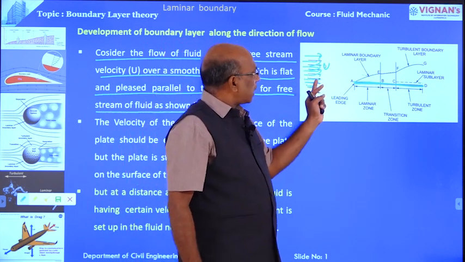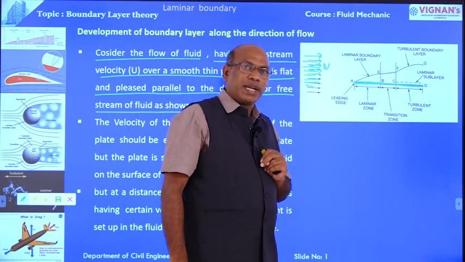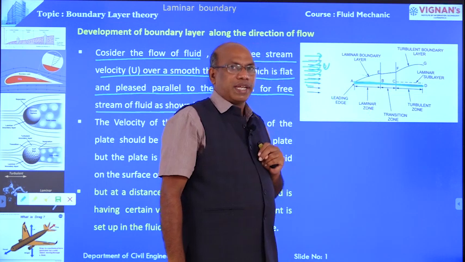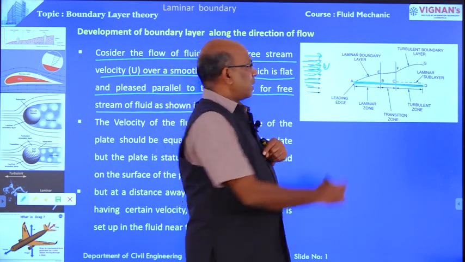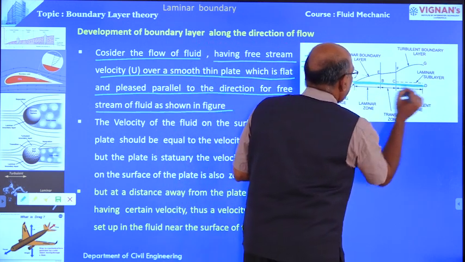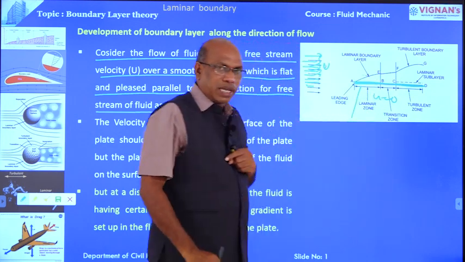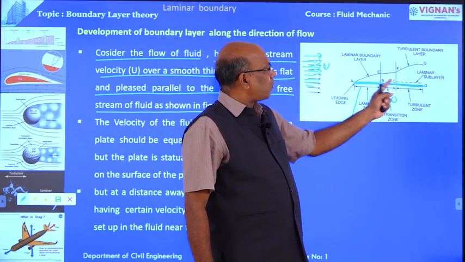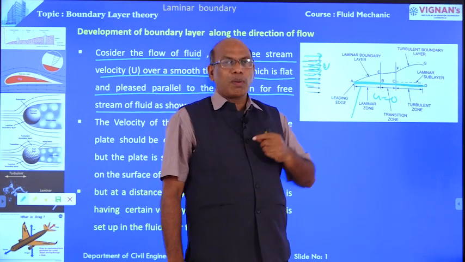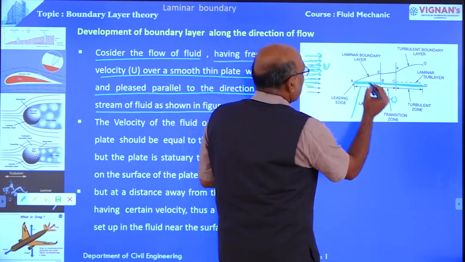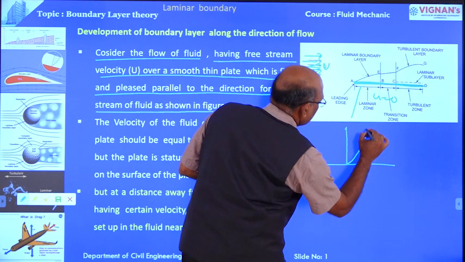The free stream flows over the surface of the boundary. Because the boundary is stationary, the velocity of fluid over the boundary is 0. That means over the boundary, velocity u is equal to 0. But away from the boundary, normal to the boundary, the velocity gradually increases.